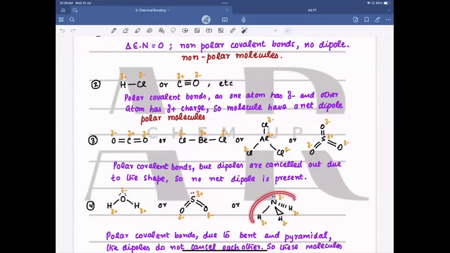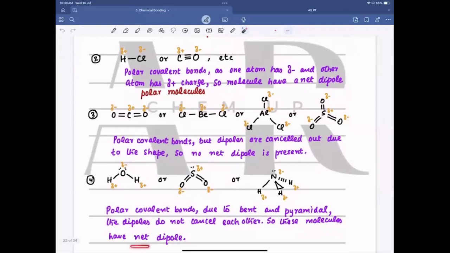If I look over here, this end is negative, this end is positive. Further, if you see the direction, they are oriented in such a way that due to the bent shape and pyramidal shape, their dipoles are not cancelled out, which makes them polar molecules with a net dipole. Is this understandable?